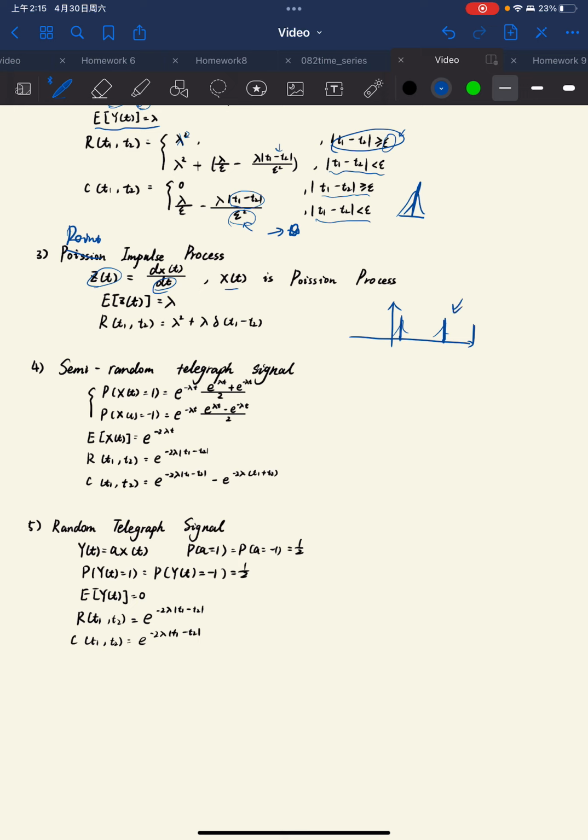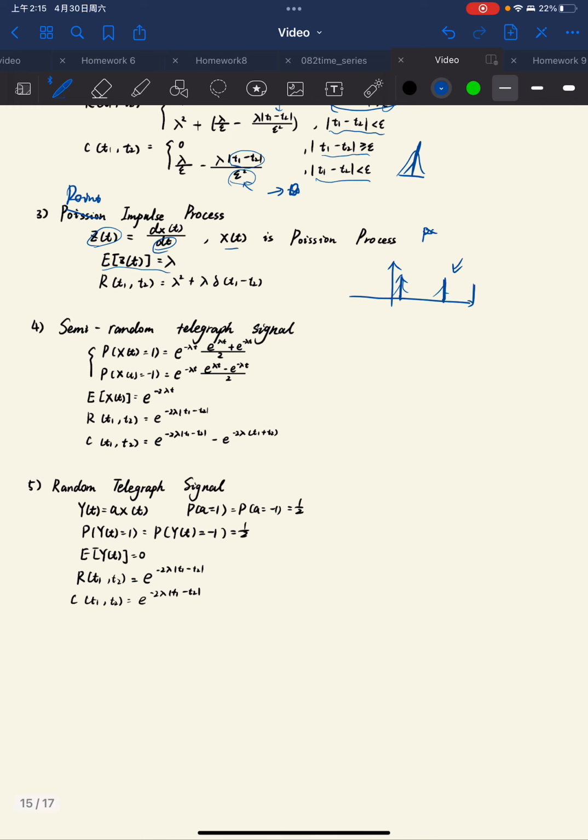Because it is an impulse process, its probability mass cannot be defined. The expected value is equal to lambda, and the autocorrelation is equal to lambda square plus lambda times the impulse delta of T1 minus T2.